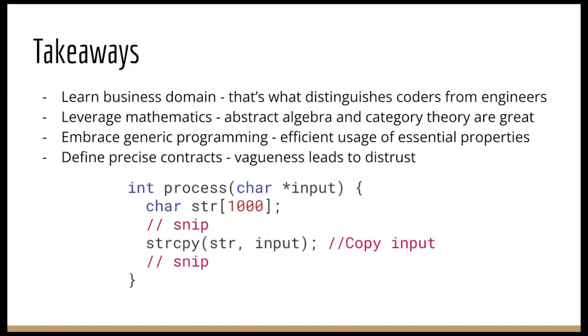Vagueness leads to distrust. You've probably seen all sorts of defensive programming techniques where people have to copy the input defensively because they don't know if the input is going to be mutated under the hood. So don't do that. Be very precise about your contracts, and if those contracts are violated, feel free to just do undefined behavior.